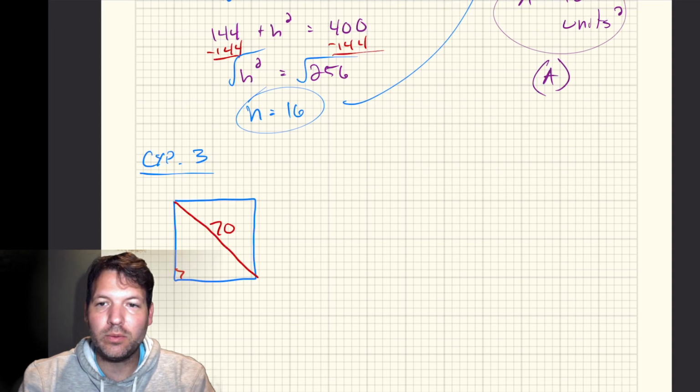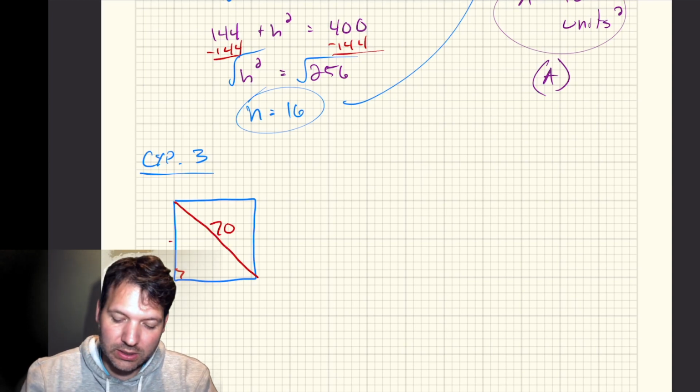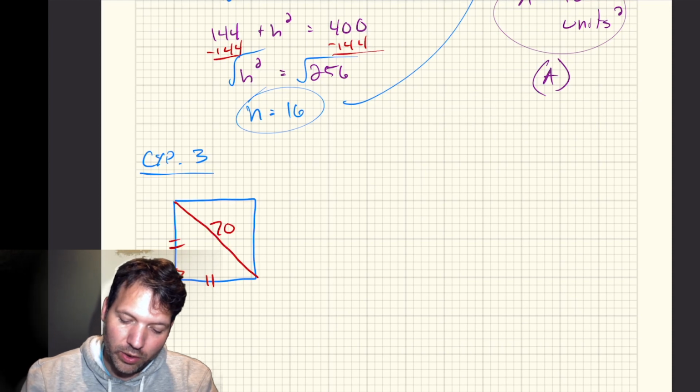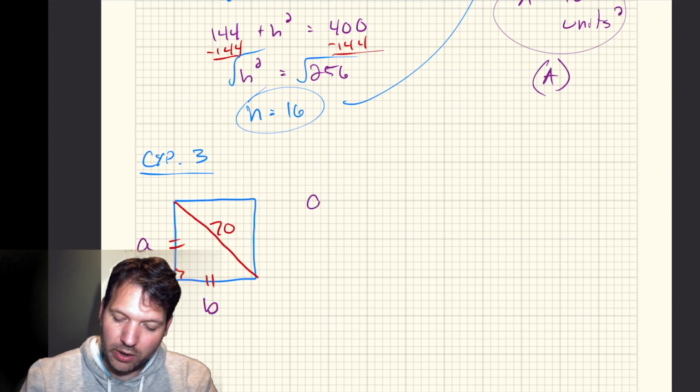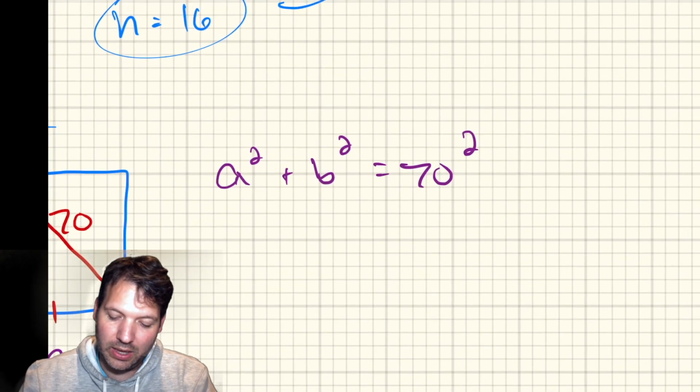And so it might feel like, well, how are we supposed to find the sides? Except, although that is the only information they give us, because this is a square, I know these two sides are equal. So where normally I would say a squared plus b squared equals 70 squared, in this case, because the two sides are equal, I could just as easily call that second side a again.